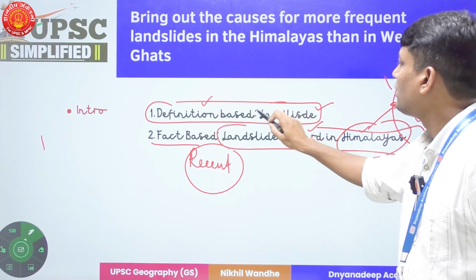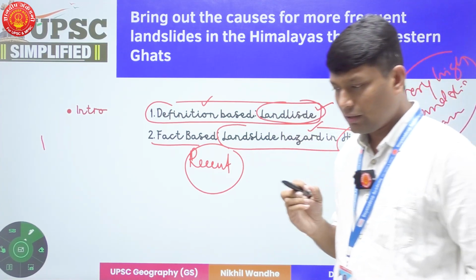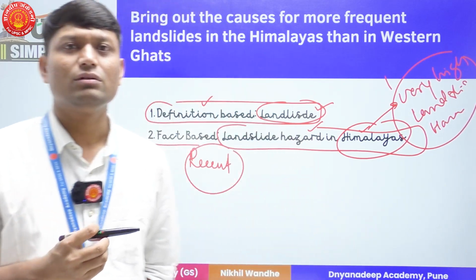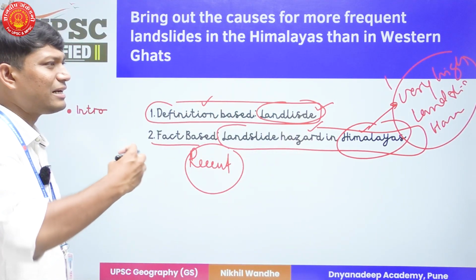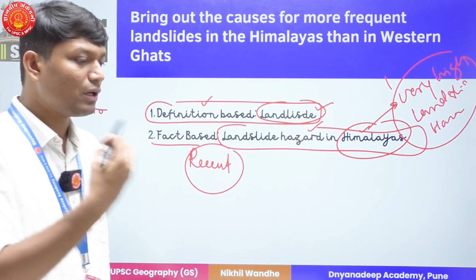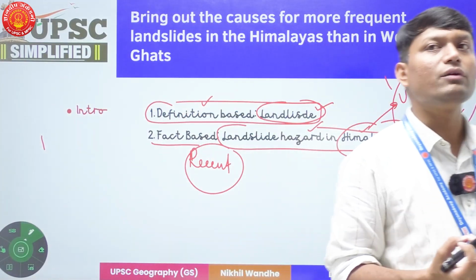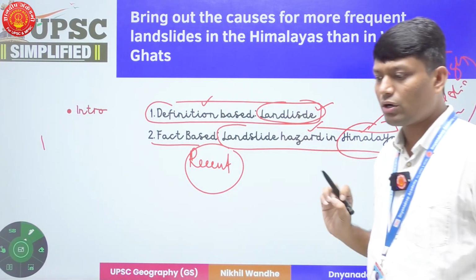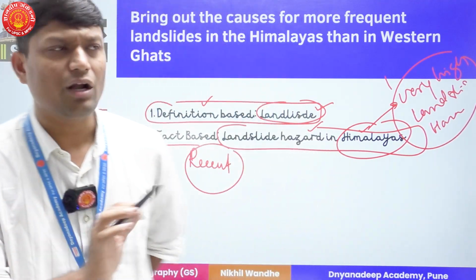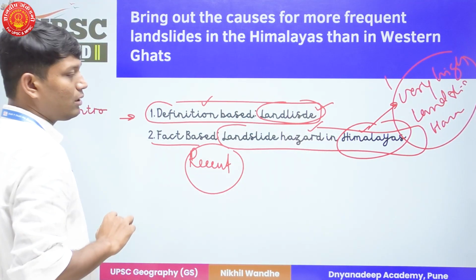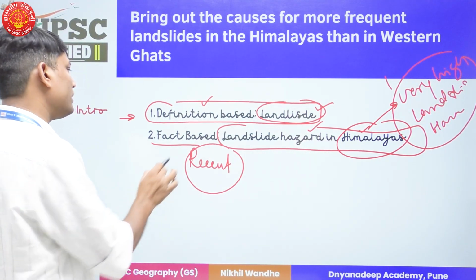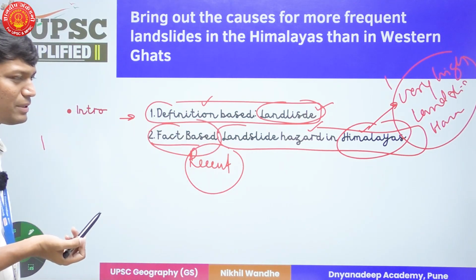Simple reason: landslide is a very basic thing, and a definition in this case is not addressing something fancy or new. So the novelty quotient of such an introduction is very low. It is going to be a very generic introduction. That is why I'll go for a fact-based introduction, right?